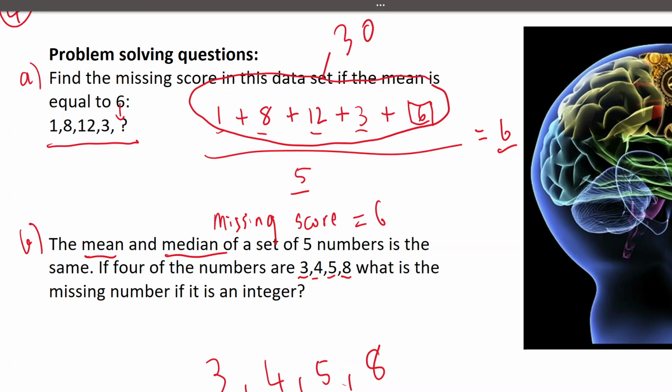So when I divide some number by 5, I have to get a whole number. So what could that total have been in the first place? Well, it could have been, for example, let's say 20, or it could have been 25, or it could have been something like 30. So, but what's the only thing that would make sense here?